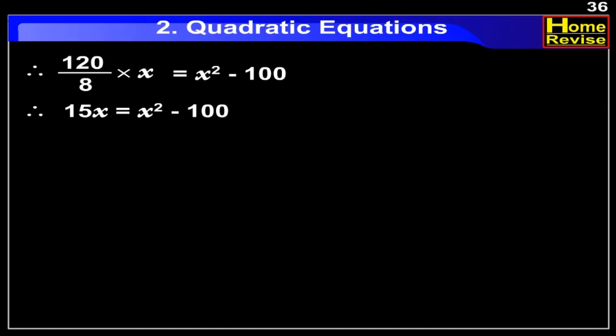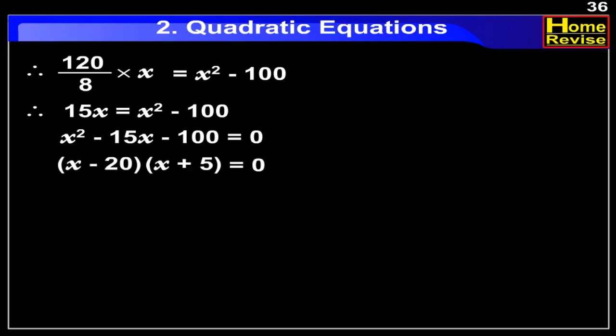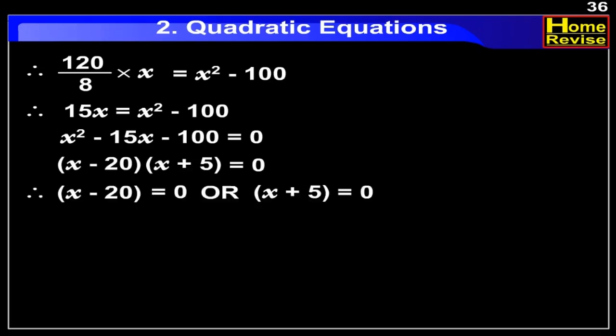After shifting 15x, we get x square minus 15x minus 100 is equal to 0. Now, factorizing by splitting the middle term, we get x minus 20 into x plus 5 is equal to 0. Therefore, x minus 20 is equal to 0 or x plus 5 is equal to 0.